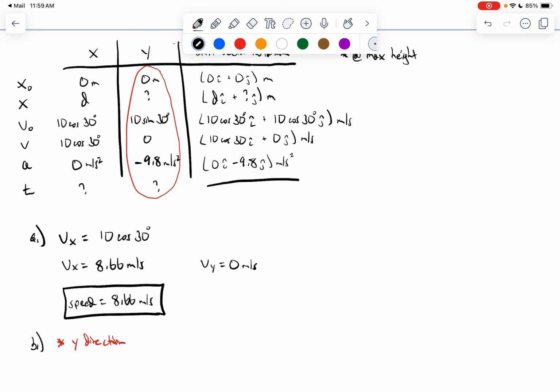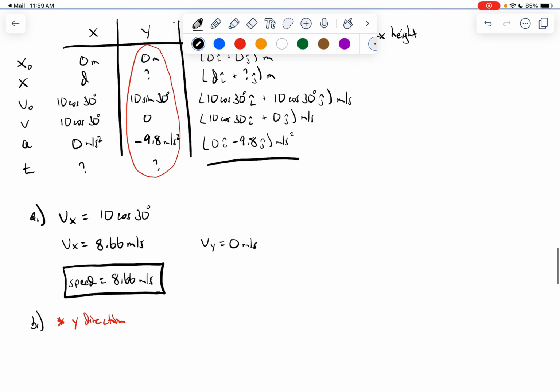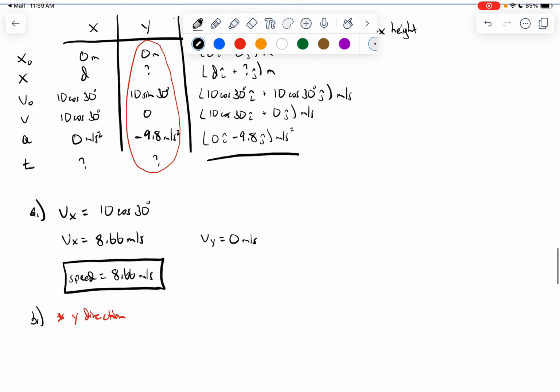So in the y direction, we don't actually know the final height we reach, so we really can't use anything that includes final position. But we do know our final velocity, our initial velocity, our acceleration. Last thing we need to have information about is going to be time.